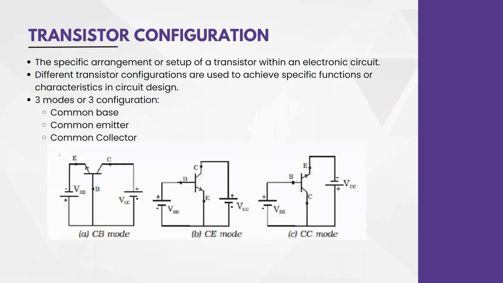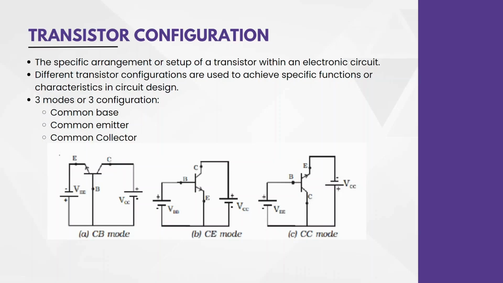One important concept in transistors is the transistor configuration, which means a transistor can be used in three different modes, and each of those vary based on the function that needs to be performed. Since there are three terminals, any one of the terminals should be common to the other two terminals.